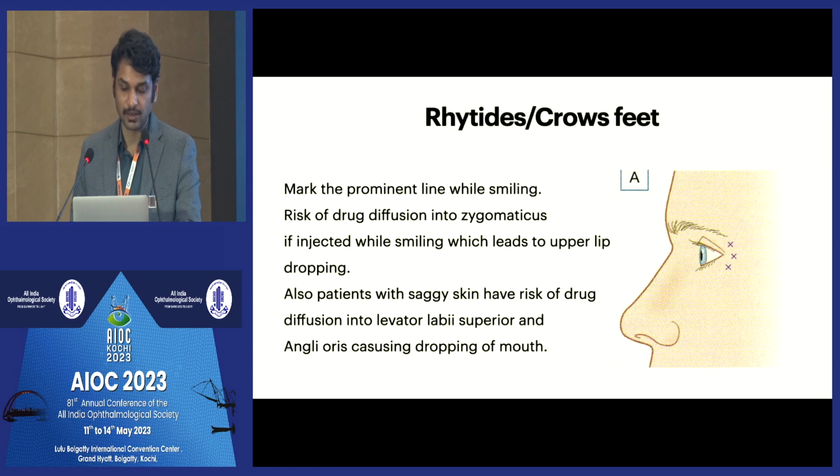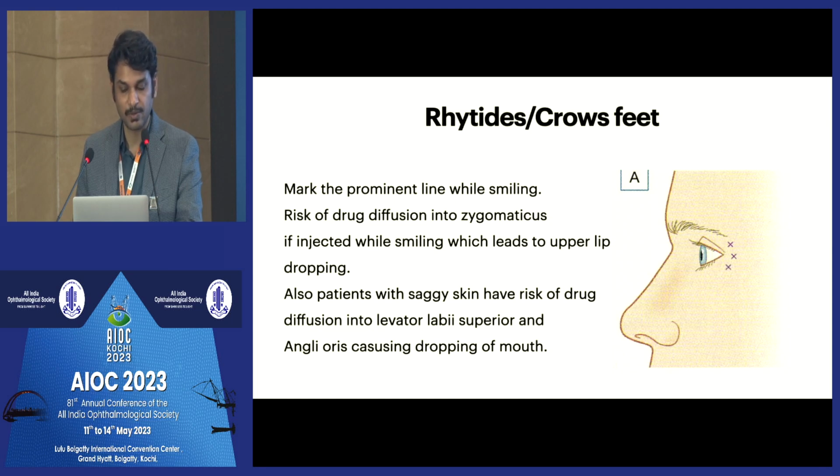These are the points for crow's feet. You should mark the crow's feet while the patient is smiling, or ask them to make the lines prominent, and you should only inject when the lines are not prominent. Otherwise, there is a risk of diffusion into zygomaticus major, which is located temporal and inferior to orbicularis oculi.